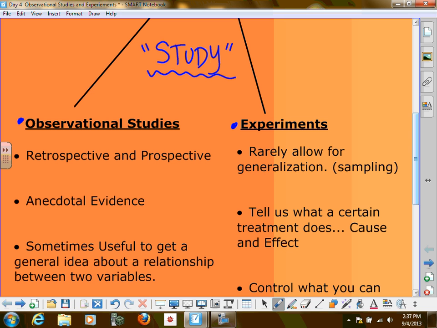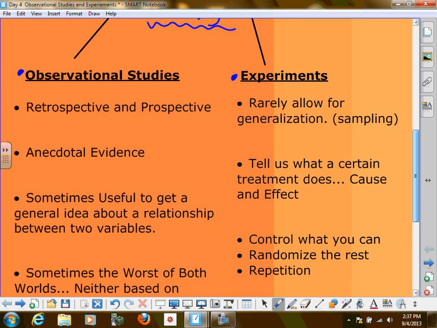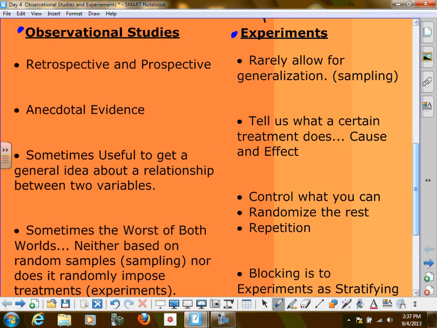Let's actually first talk about experiment. The benefit of an experiment is that you can say that you have determined something causes something else. The reason that you can say that is because in the design of an experiment, you control the subjects so that they are all alike, or they are randomized so everything's distributed.